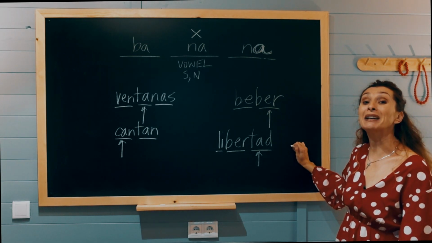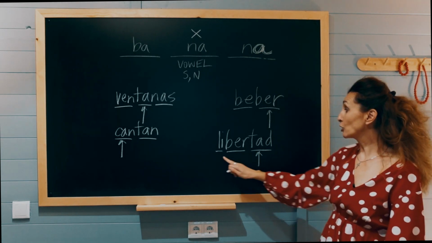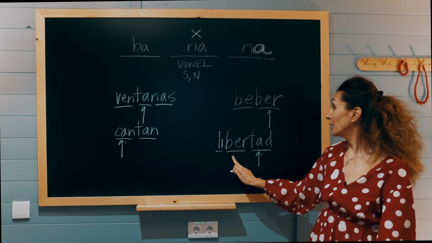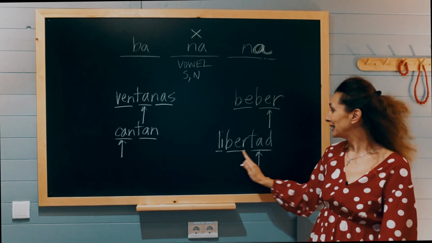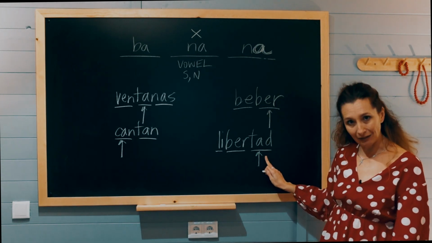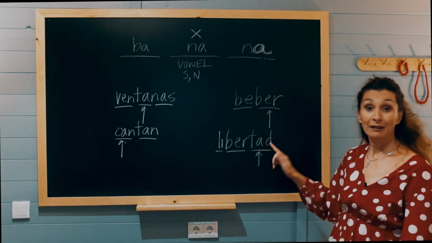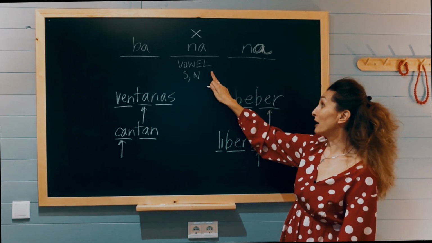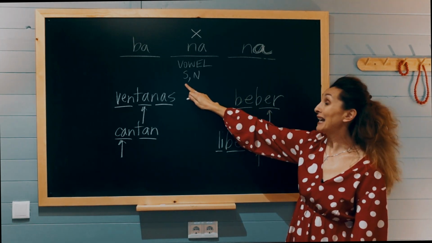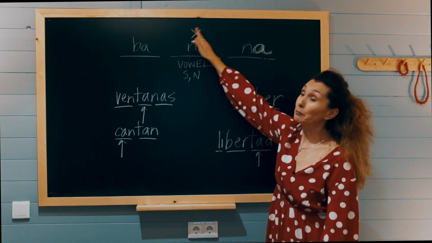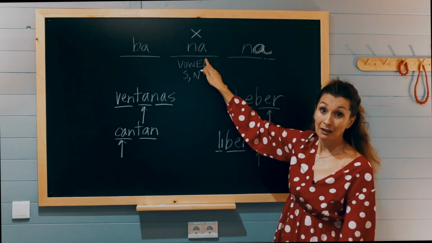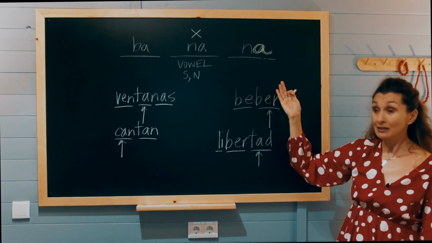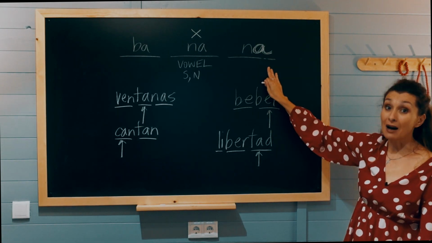Libertad. It's not LIbertad, it's libertAD. Okay? That's the rule. If it ends, one more time, in a vowel, S or N, it's the penultimate syllable, and all the others, it will be the last one.